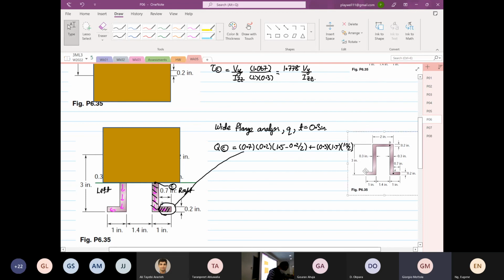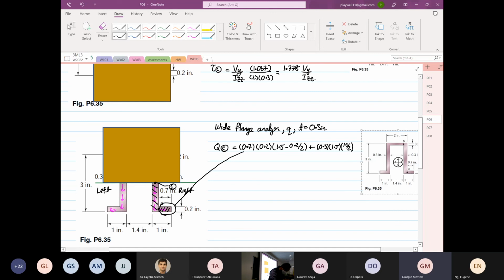So the second one, this side belongs to here. So 0.7 multiplied by 0.2 multiplied by 1.5 minus 0.1, close bracket.